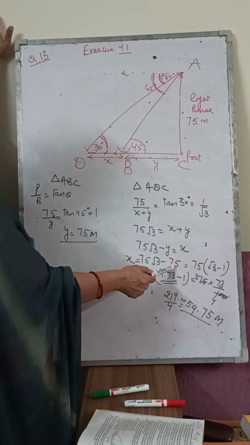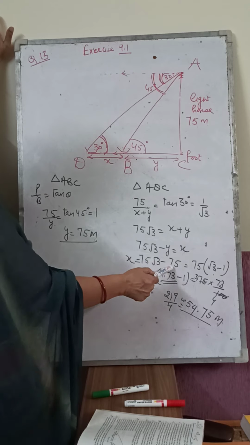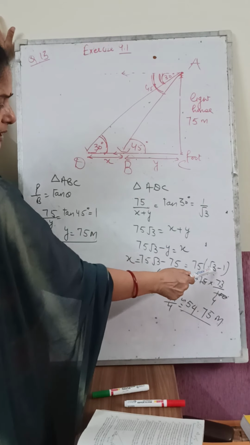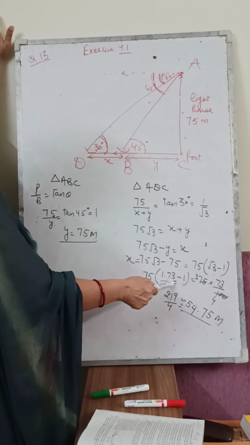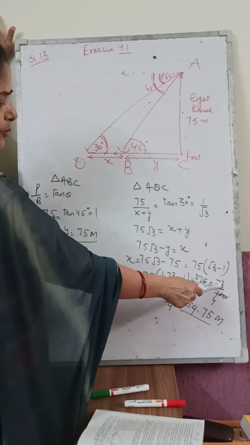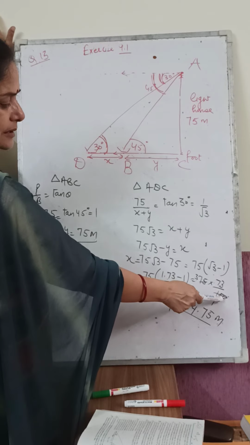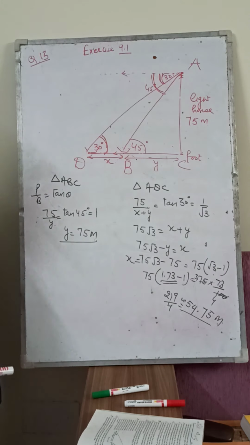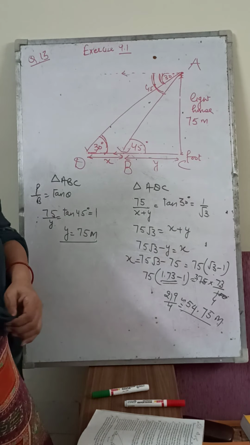In place of y put 75. Out of this 75 common, root 3 minus 1. Root 3 value I have taken 1.73 minus 1, 0.73. 0.73 means 73 upon 100. Do this calculation and you will be getting the answer. Clear?